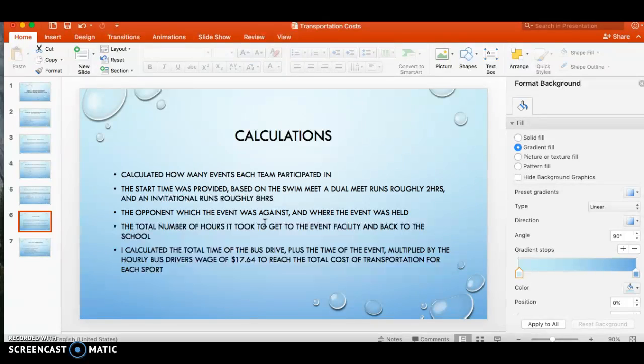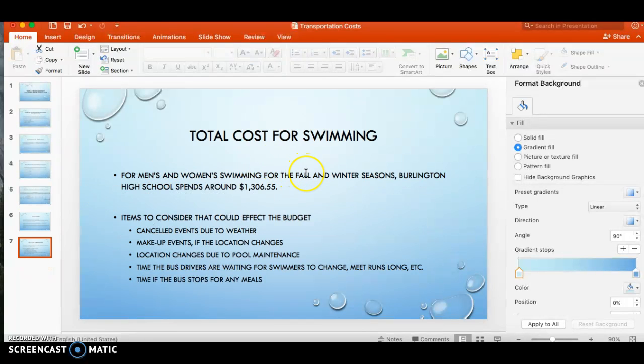So calculating the total time of the bus drive plus the time of the event and multiplying it by the hourly bus driver wage of $17.64 an hour reaches a total cost of transportation for each of those 2 sports that I calculated.